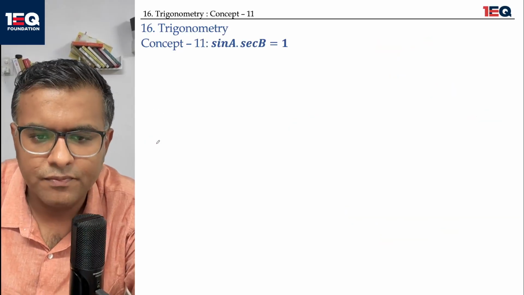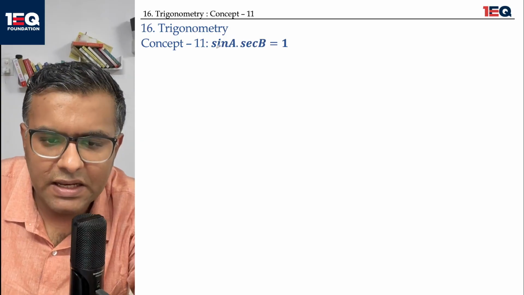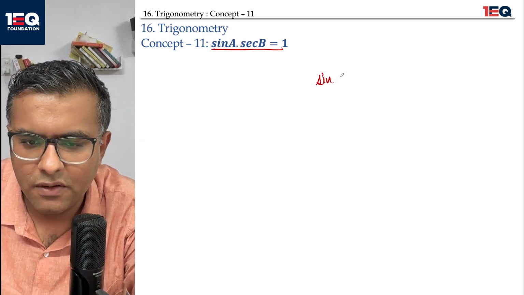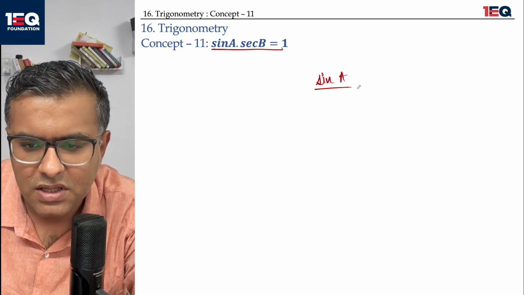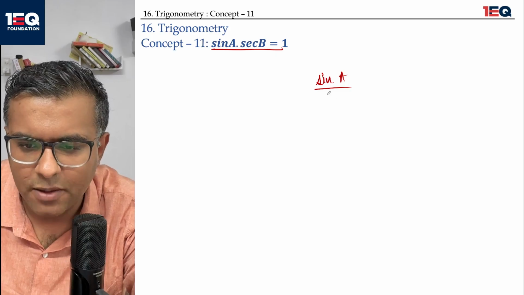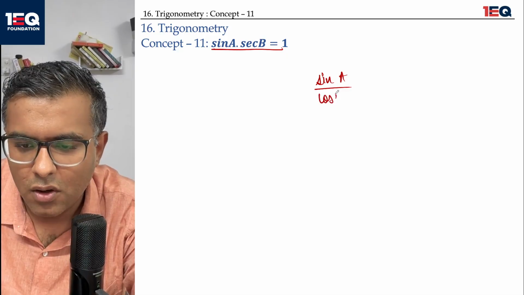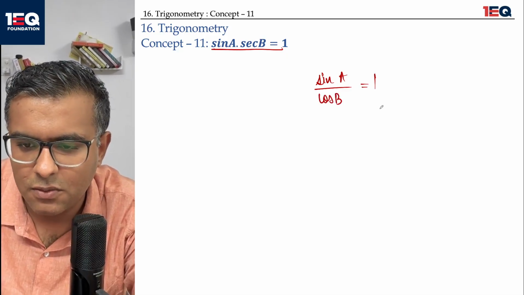Let's move ahead. Now it says sine A into sec B is equal to 1. I would convert it to the simplest form of ratios. That means sine A over sec B. Sec B means cos B in the denominator. This is equal to 1.